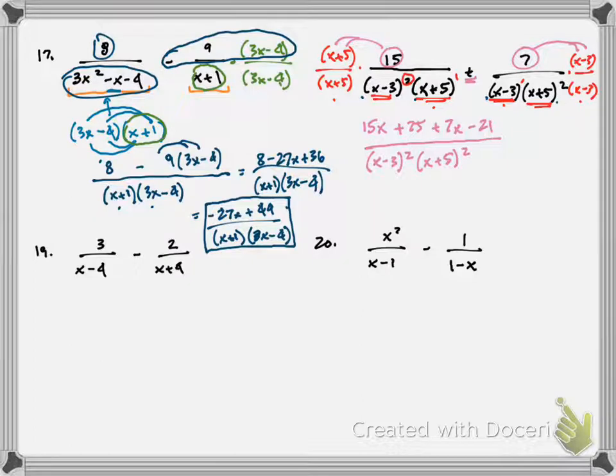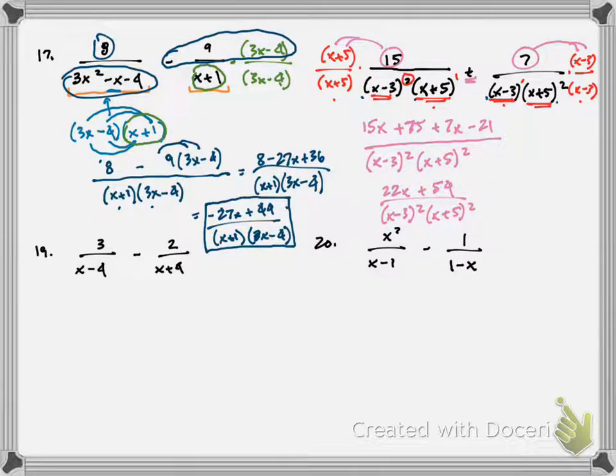I'm going to clean up the numerator. That's a 75, by the way, I believe. And we'll get 22x plus 54, divided by x minus 3 quantity squared times the quantity x plus 5 quantity squared.